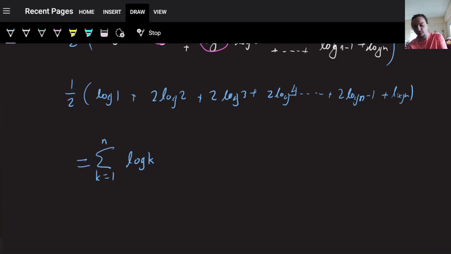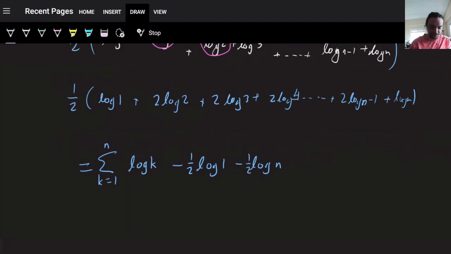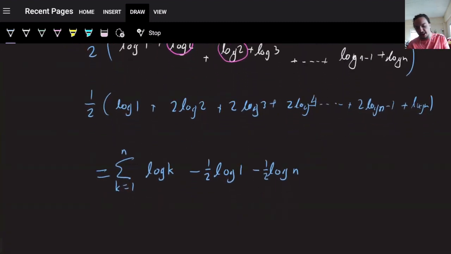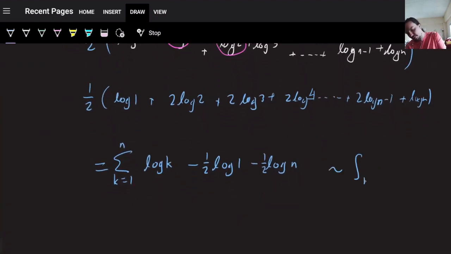If I add in extra log 1 and log n, then I have to subtract those, and then they each get a half. Okay? So this is what I get as my approximation to the integral from 1 to n of log x.